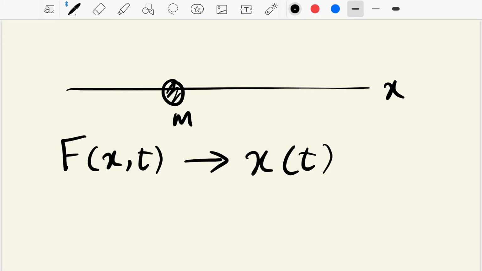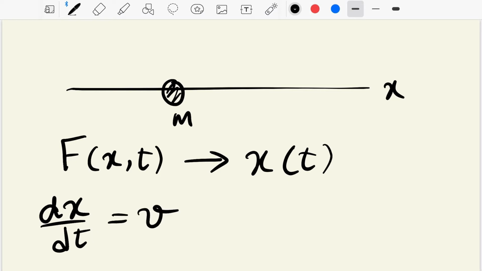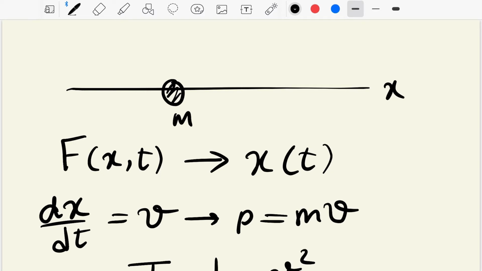For example, if I take the derivative of x with respect to time, I get the velocity, and then I can obtain the momentum, which is m times v, or kinetic energy, which is 1/2 m v squared.